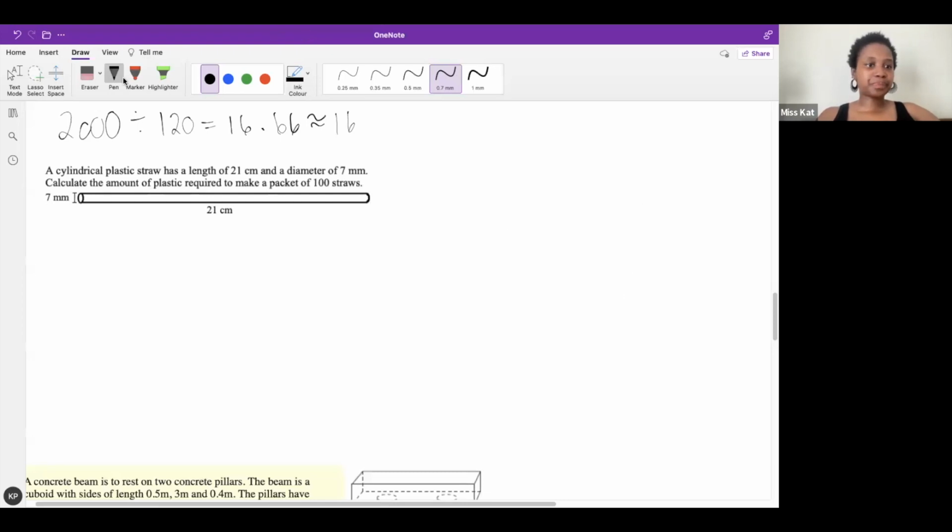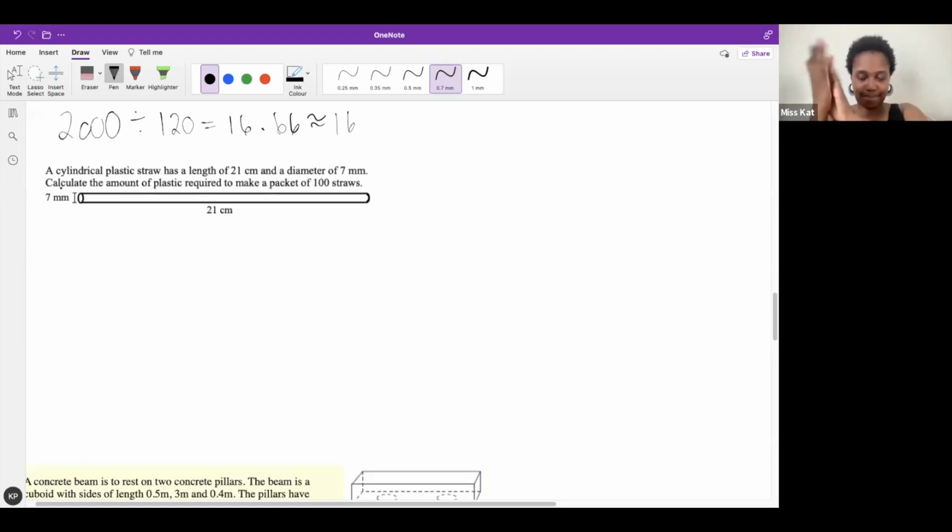Ma'am, I would like to help you with the question. Okay, so is it surface area or is it volume? Surface area. Nice, because it's only the outside. It's hollow inside, right, guys? It's open. Okay, so let's do it. Ma'am, because it's a straw, you don't have the 2 circle sides.